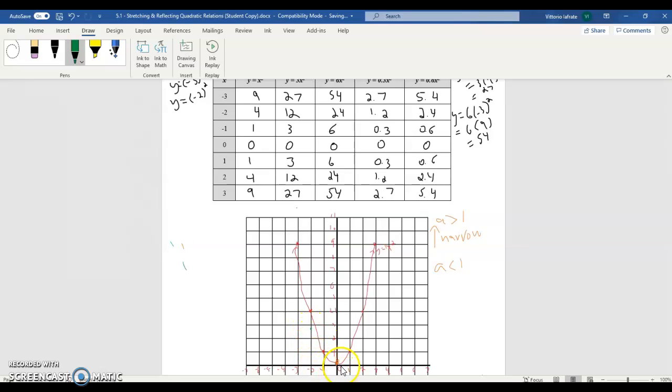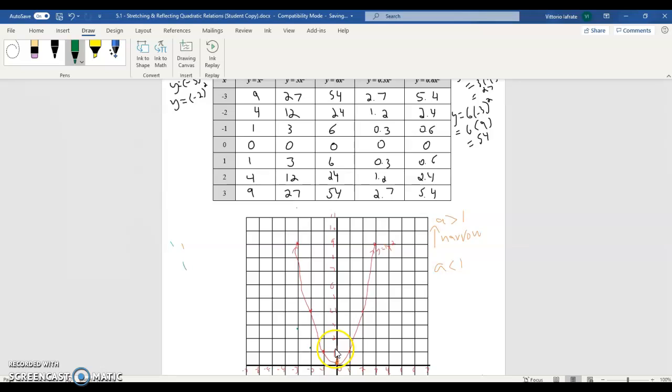When x is equal to -2, oh sorry, I was at -3. Let me erase that, I've miscounted there. So when x is equal to -3, we have 2.7, just about here. When x is equal to -2, we have 1.2, so just about here.